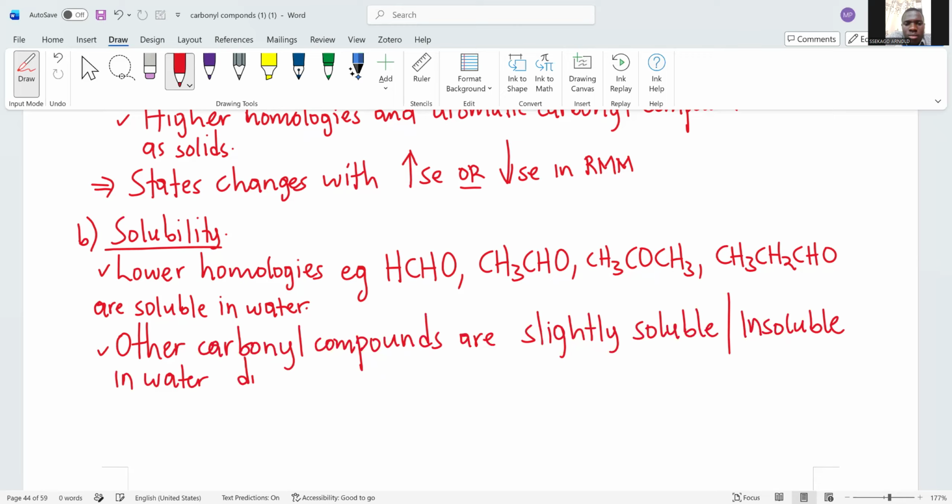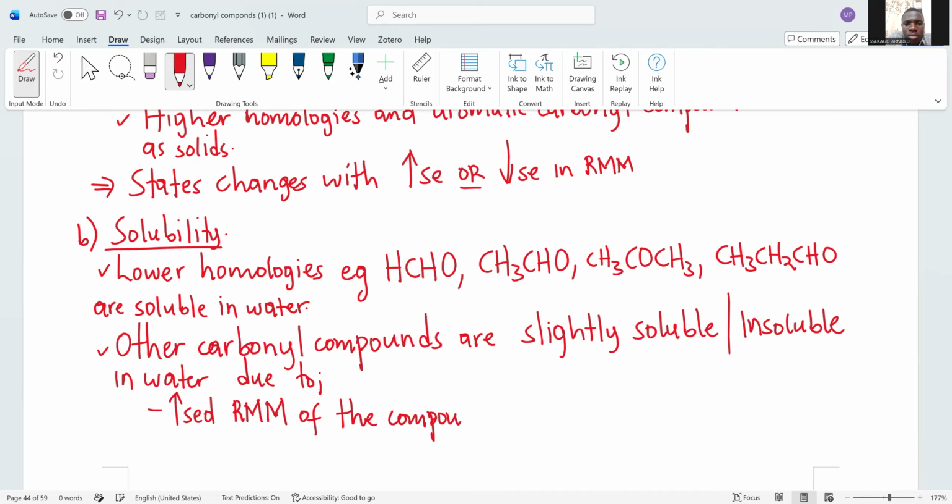Due to the following: number one, increased relative molecular mass of the compound.